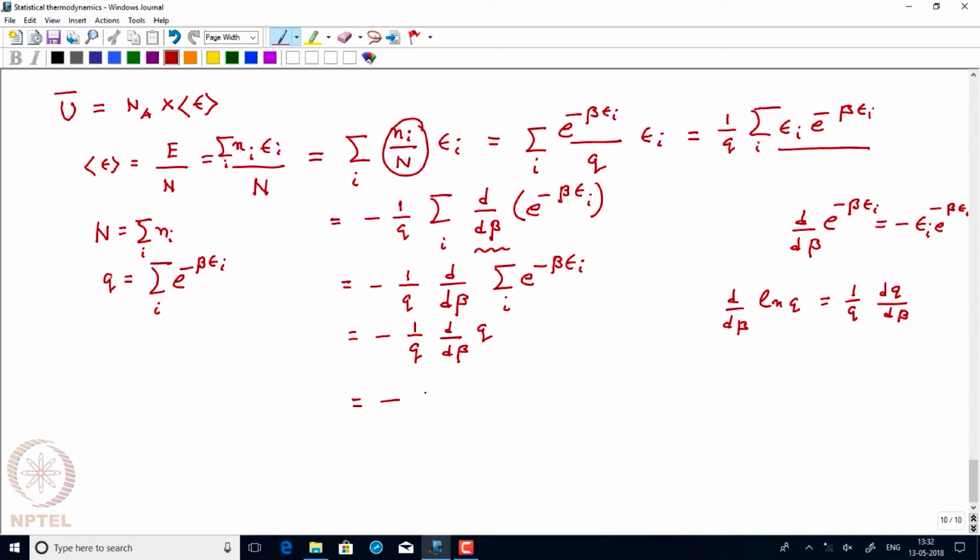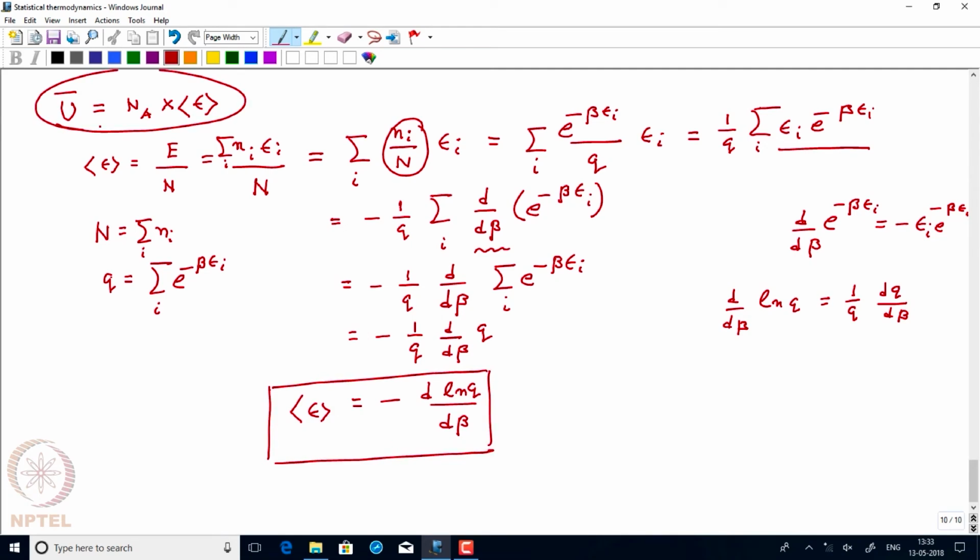So this quantity is nothing but d ln q d beta. So as we see, the average energy per molecule is nothing but this. Now we can easily calculate the total energy or the energy per mole, and that's a macroscopic quantity.